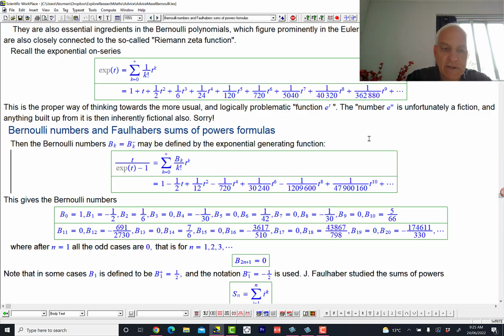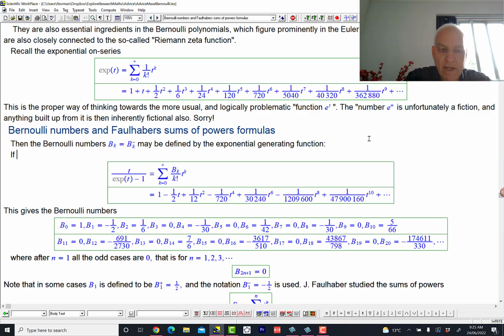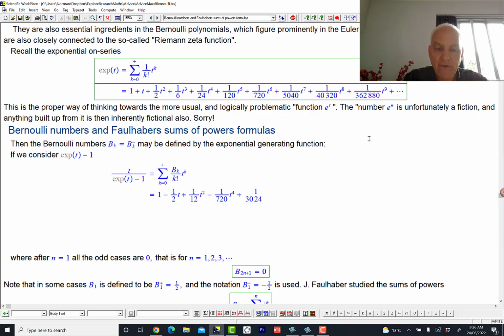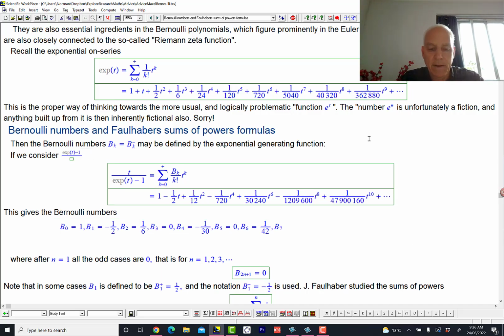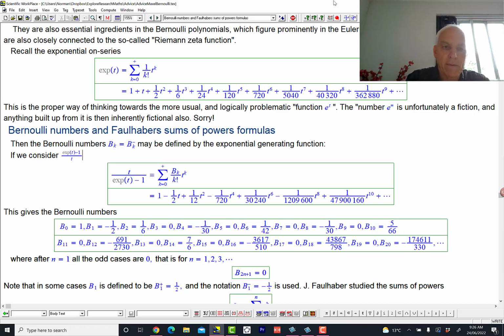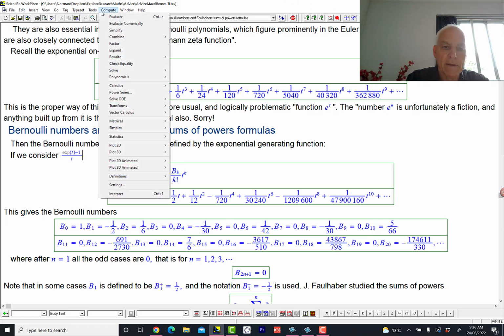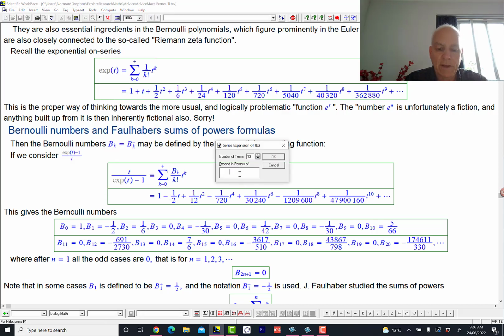So let me just do this up here. So if we consider exp of t minus 1, and then we divide that by t, well, then I'll calculate that with a power series in t.